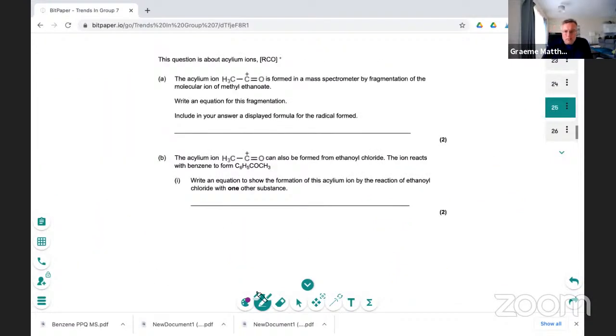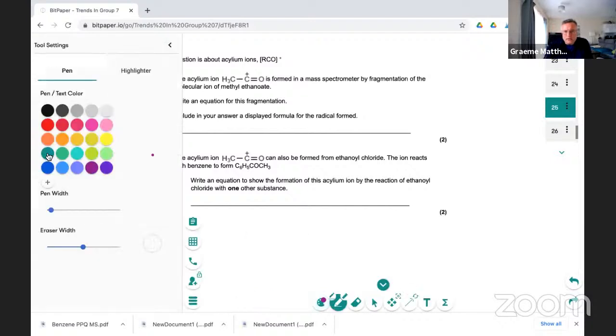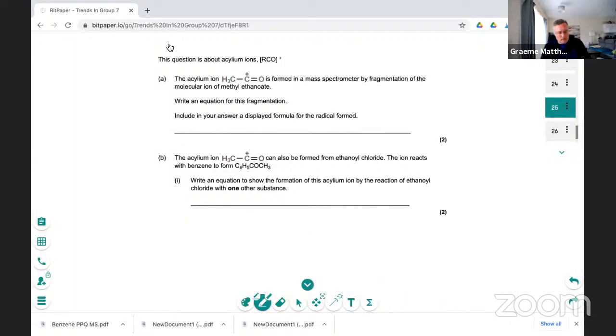Let's see. Back into teal green here. Is it emerald green, teal green? Don't know. All right, the acylium ion, well, we know what this is. It's down here, acylium ion, CH3CO plus, is formed in the mass spectrometer by fragmentation of the molecular ion of methyl ethanoate.